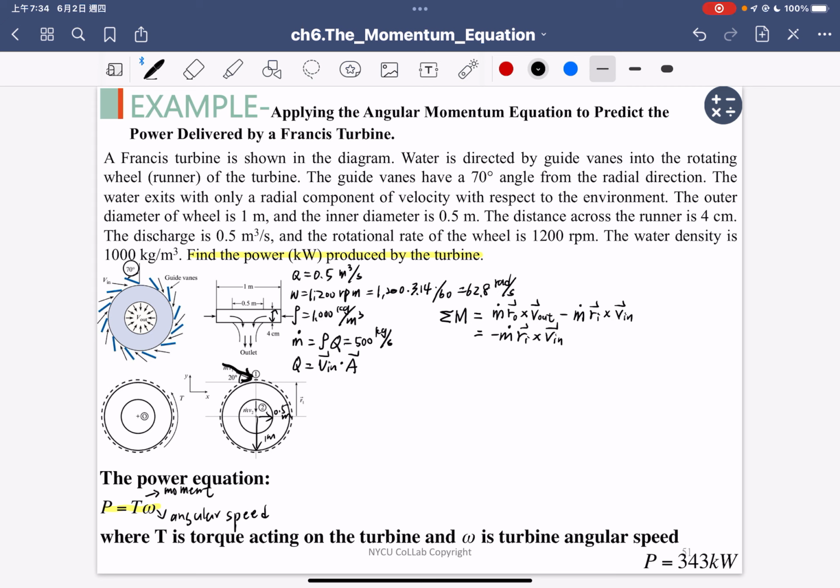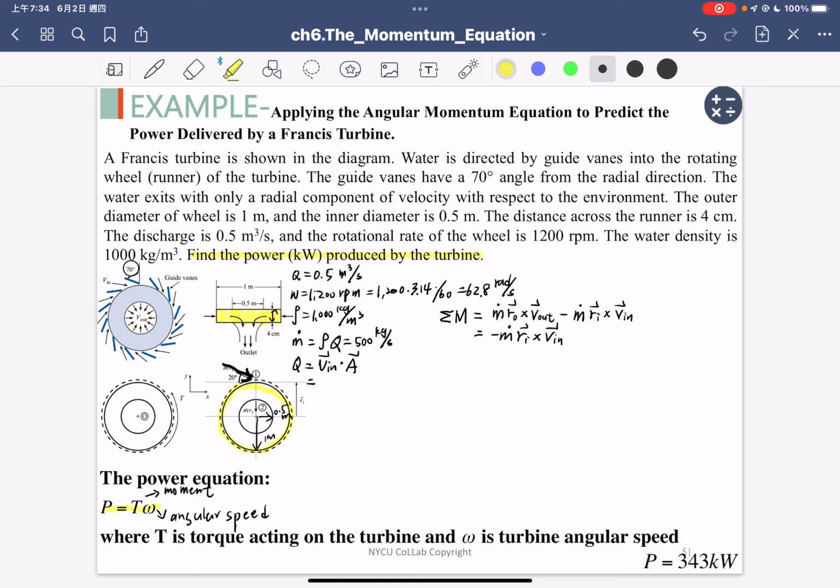So we go back to see here. What is V in? V in is in this direction, and then the area. Where is the area? The area is the dashed line region. And what is the dashed line region? It is equal to the cross-section area here.